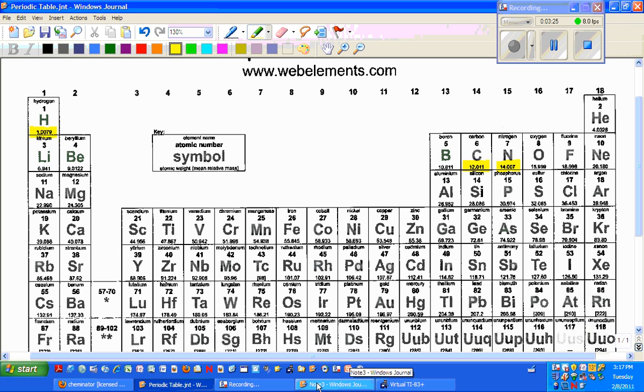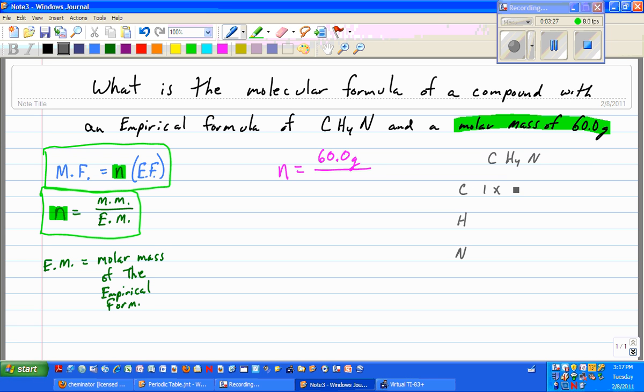So let's go back, and we have 12.01. And then hydrogen, we've got 4 of those, so it's 4 times 1.008, which is equal to 4.032. Again, this is all in grams. Anytime we're taking anything off the periodic table, it's in grams.